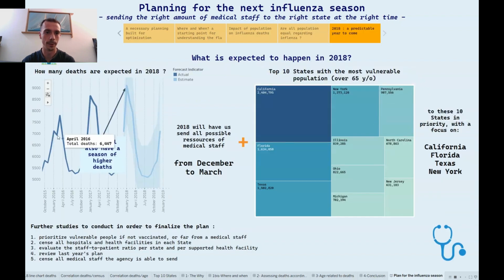Well, there is in this line chart a little projection, a little forecast of estimated deaths. And you clearly see that in December, January, a high peak, up until March, there will be a national season of influenza. So we have to be ready to send the most people from December to March.